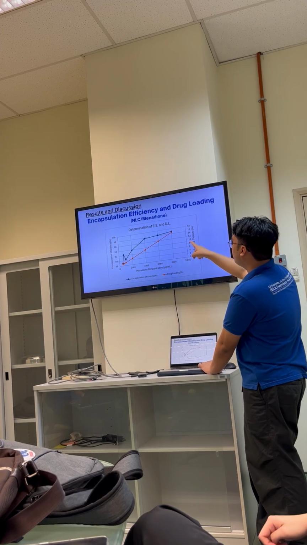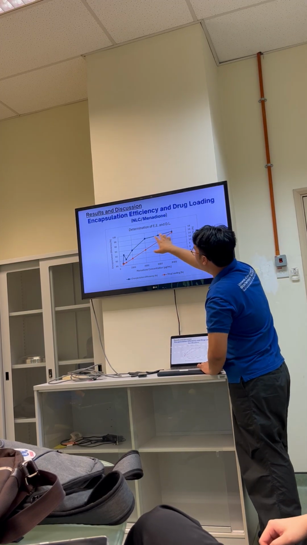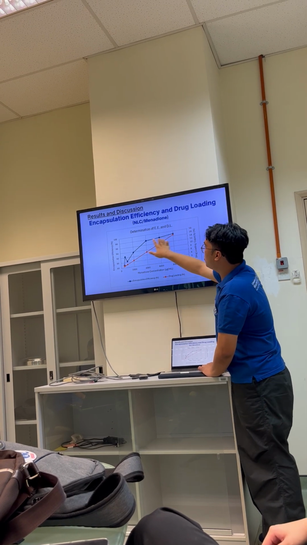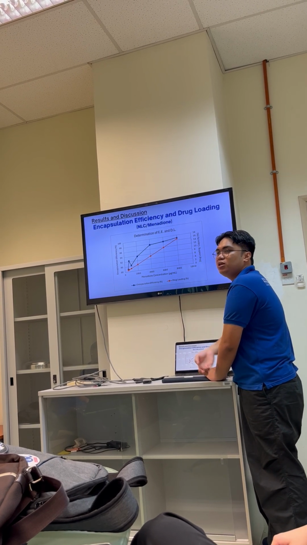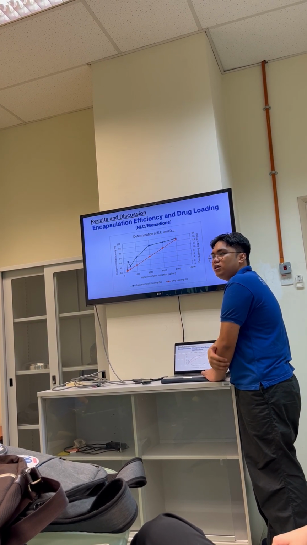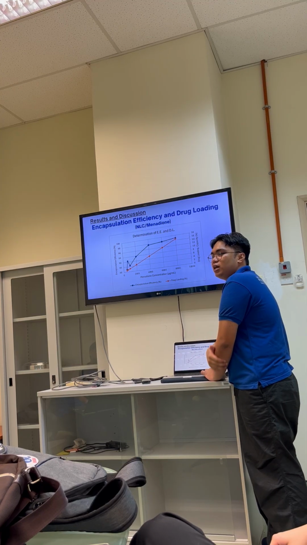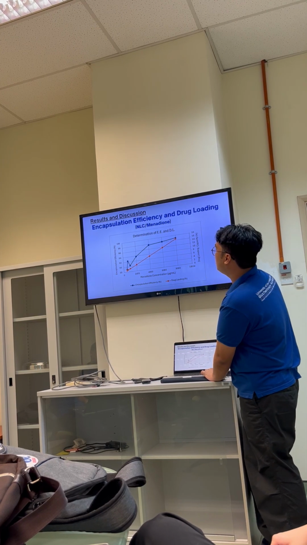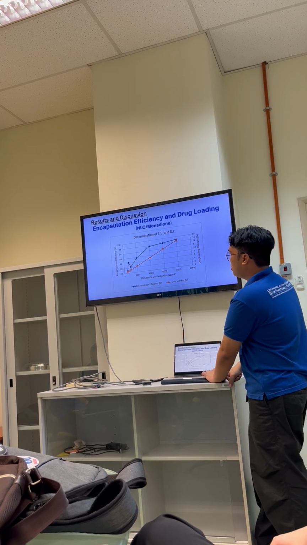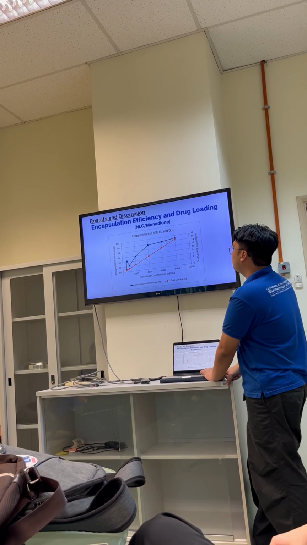However, as you can see here, the encapsulation efficiency shows quite a plateauing effect. So probably there is a maximum in the amount of drug that can be sufficiently solubilized and dispersed inside the lipid matrix. And maybe there is a maximum percent of drug available there.